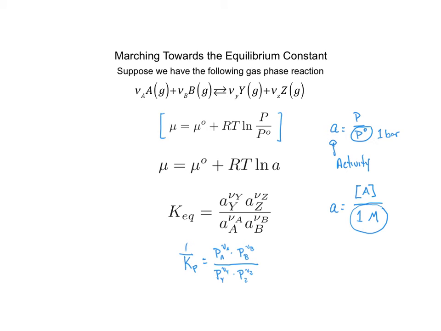Or we can say, if we are working with something that is in the solution form, the concentration of Y raised to the stoichiometry of Y times the concentration of Z raised to the stoichiometry of Z over the concentration of A, stoichiometry of A, concentration of B, stoichiometry of B. Okay, so this activity is a very useful term, and it's actually what fixes our units for these K terms.